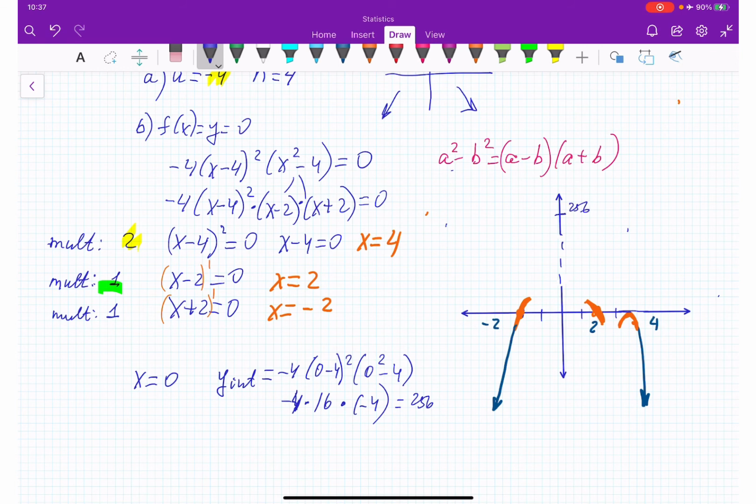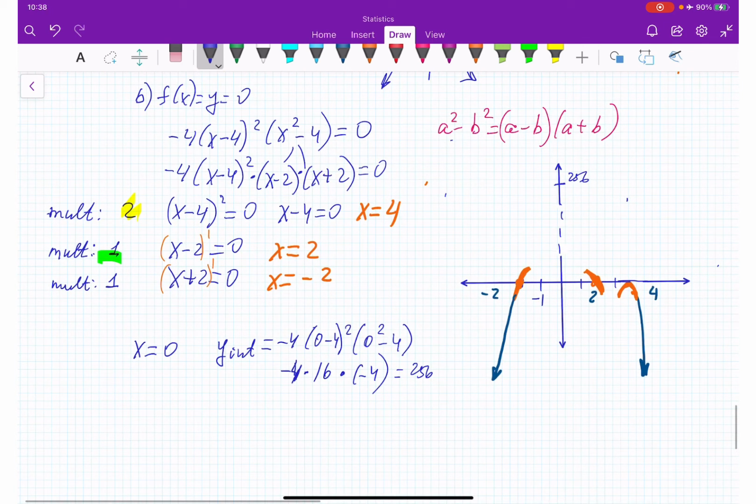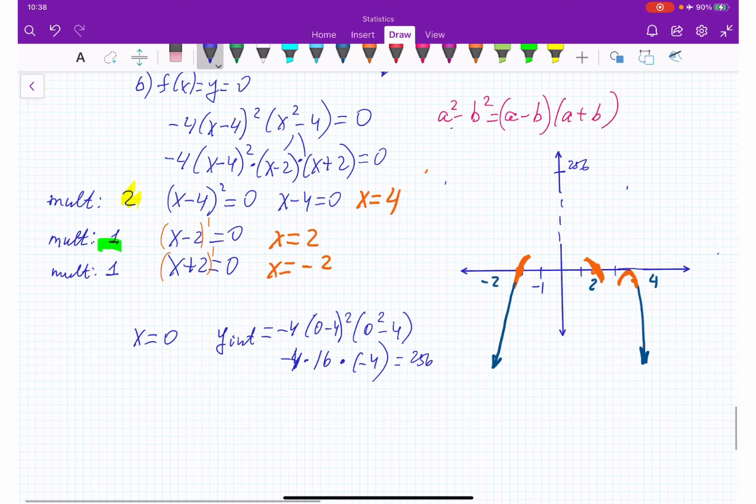Now the question is, is it going to come and curve here, or can it go higher and then come cross here? To find out the answer to that question, we are going to take, let's say, position -1. Let's see how much it will be at the point where x is equal to -1. So we are absolutely clear that the y-intercept is going to be 256.